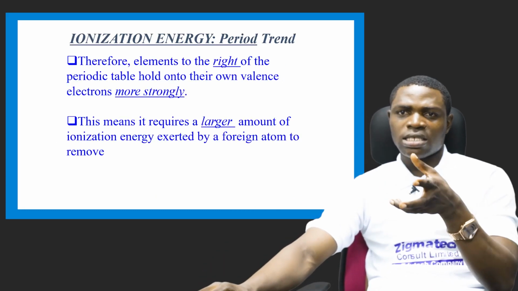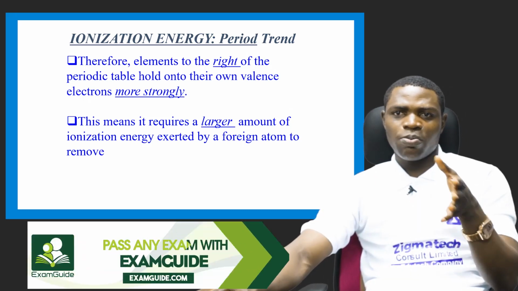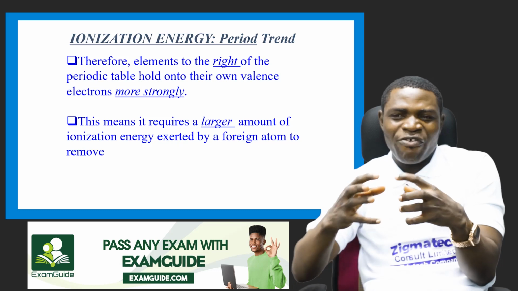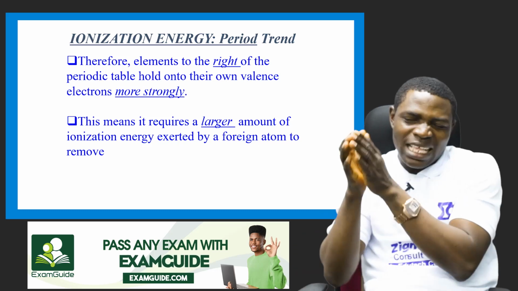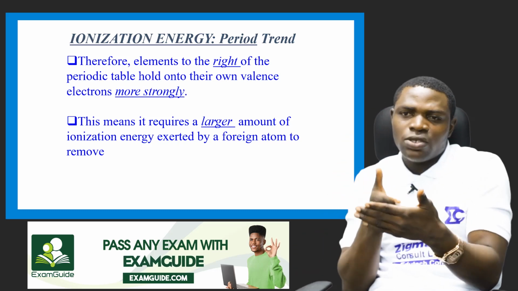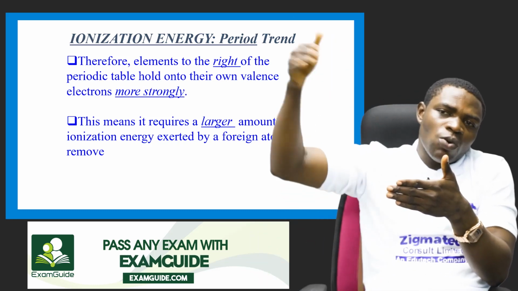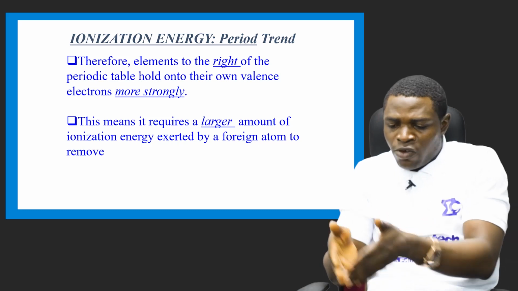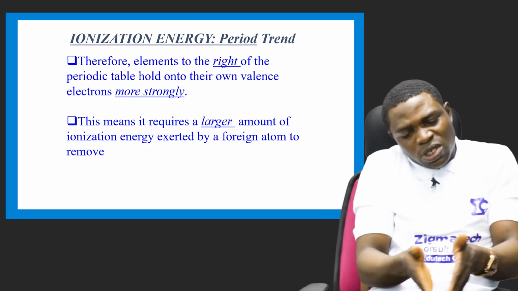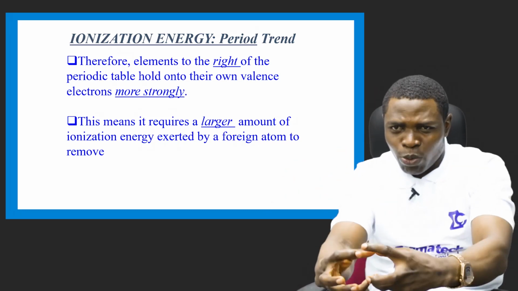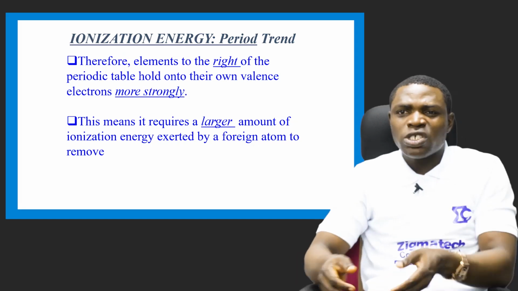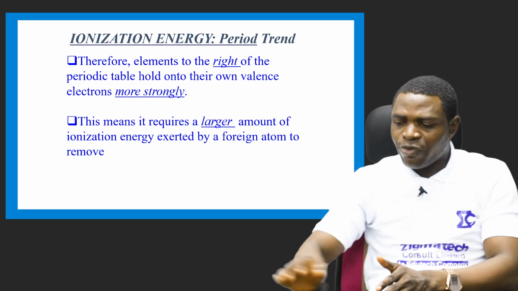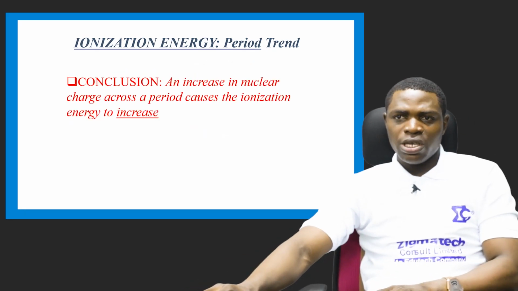Looking at it from the left to the right of the periodic table, there is a firm grip on the electron that is closer to the nucleus. If the valence electron is closer to the nucleus, it tends to be pulled towards it, but the shielding effect will have to be overcome before this can actually be achieved.